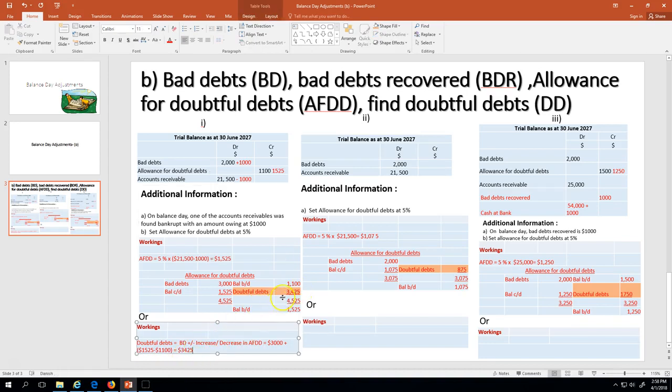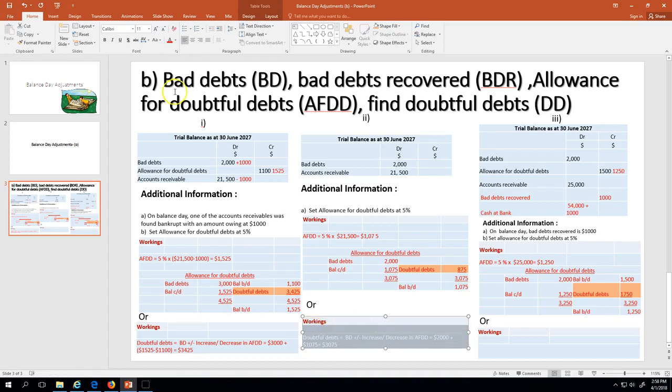Exactly the same amount. Alright? This is to help you when you're doing SOCI. But when you're doing SOCF, statement of cash flow, you must have the skill to open AFDD. Students, you must have the skill.